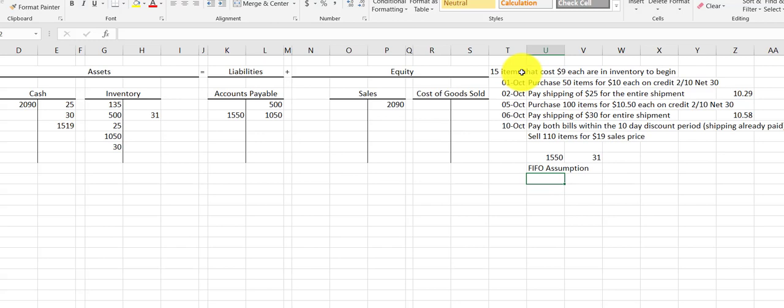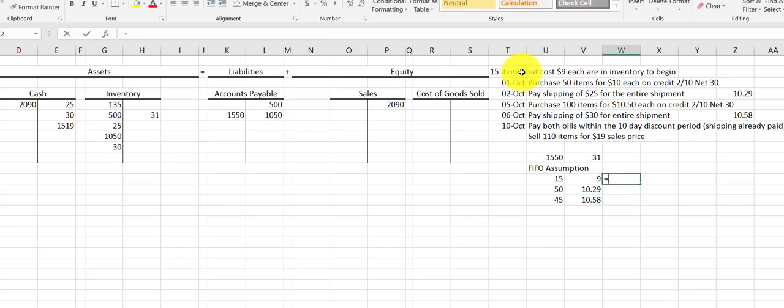So we're going to sell 15 items that cost us $9 a piece. We're going to then sell 50 items that cost us $10.29 a piece. Okay, that's 65. That means we need to sell 45 more that are going to cost us $10.58.